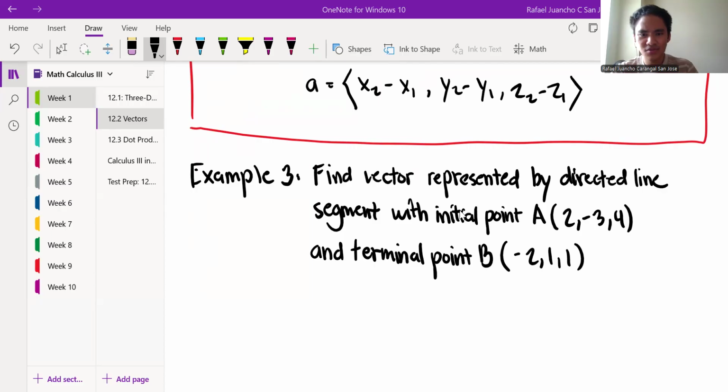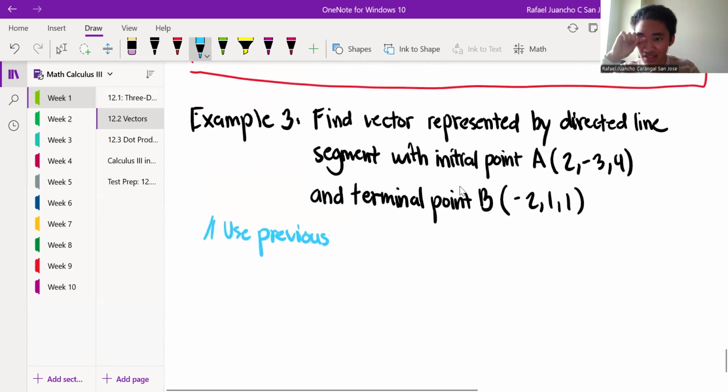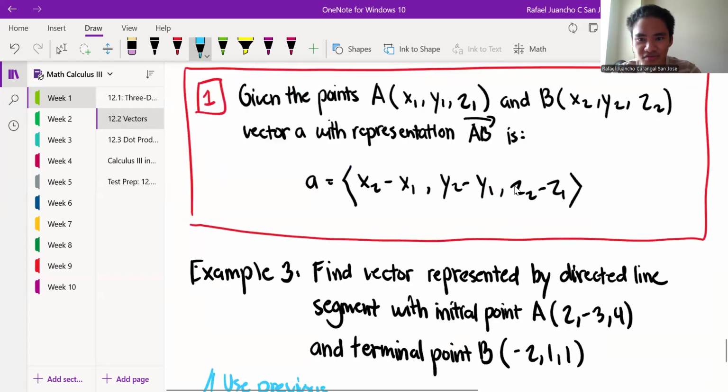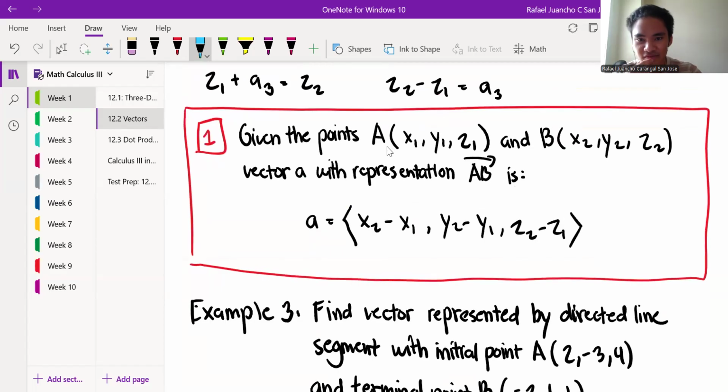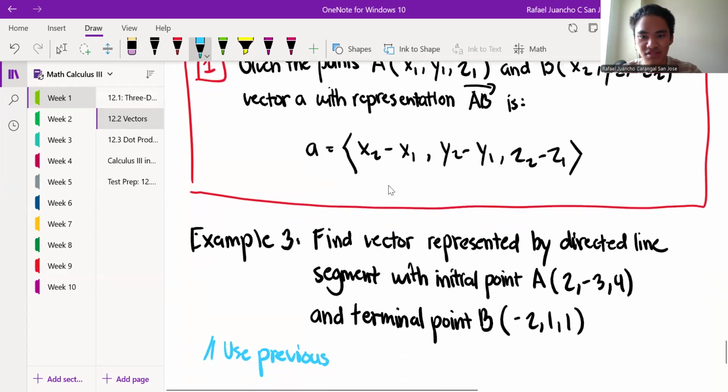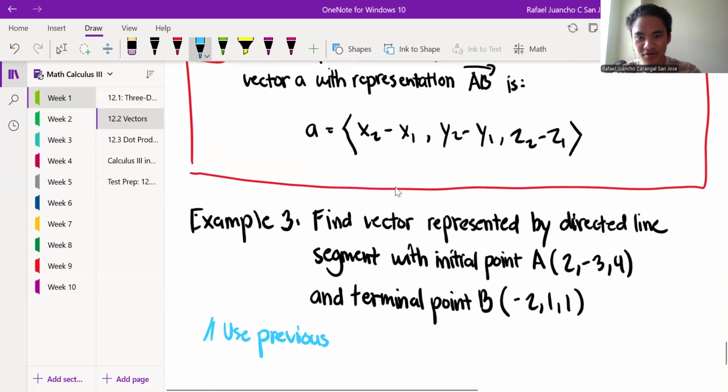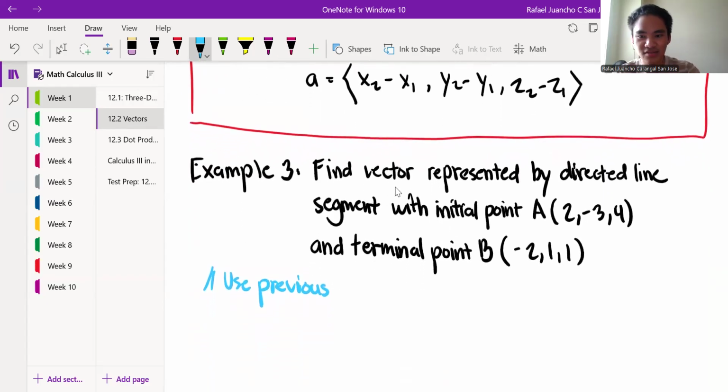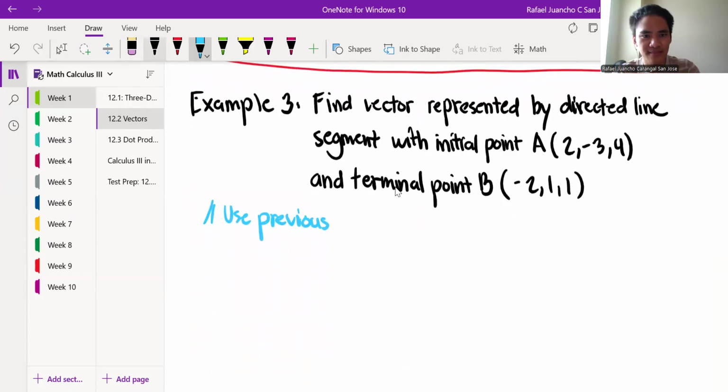Yeah, so we just use our previous formula to find the vector that represents this line segment, right? So this previous formula says, given A and B, the representation is their corresponding coordinates subtracted from each other.